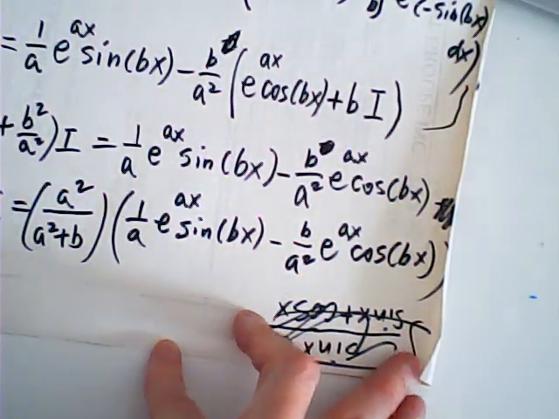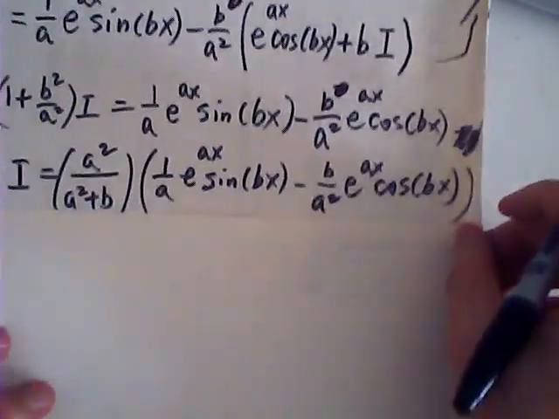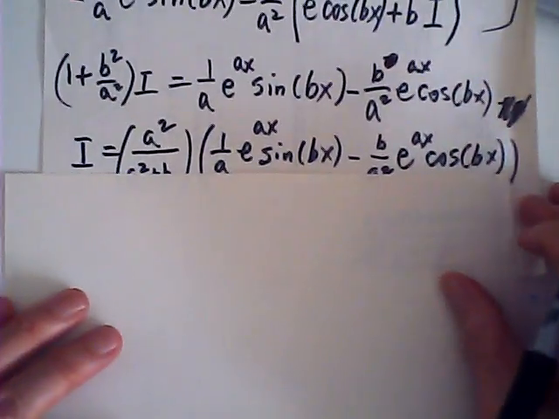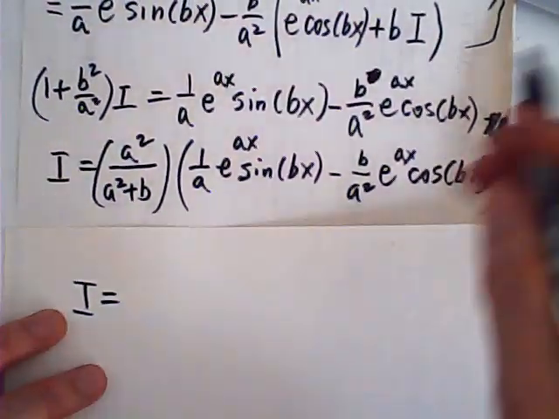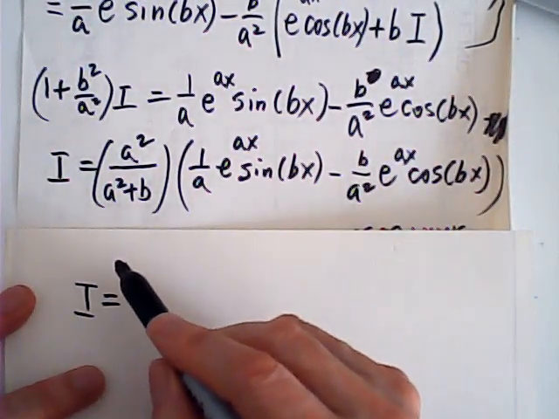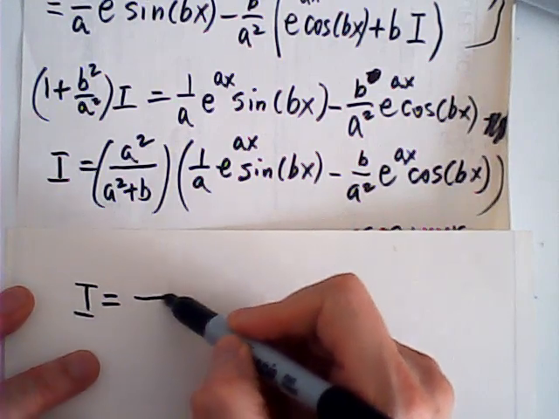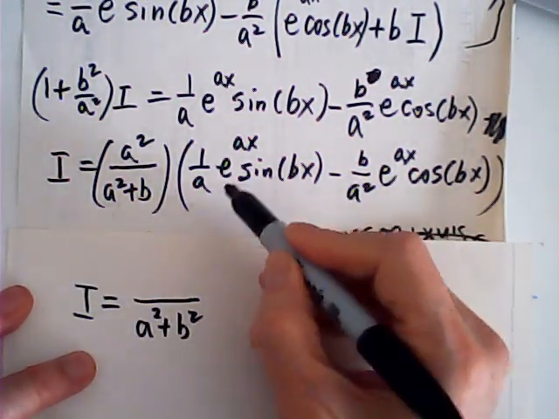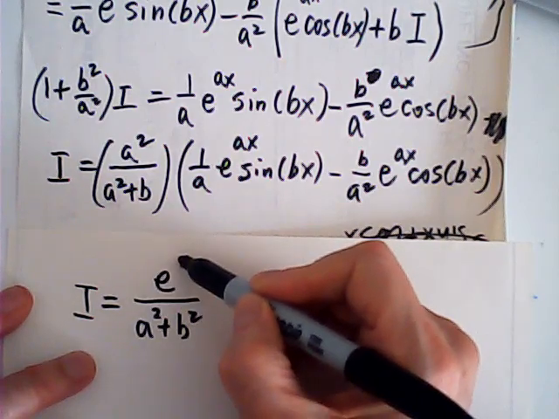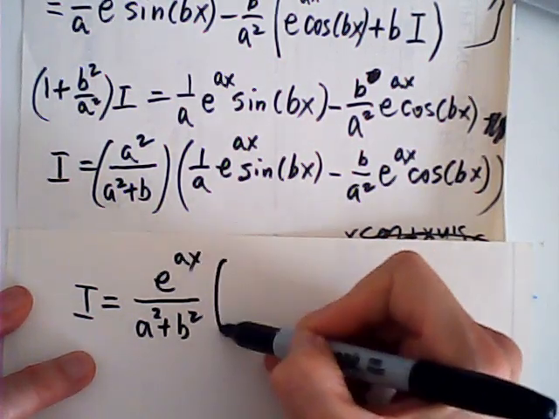Yeah. Then finally, my I is equal to a square plus b square. This is a common factor, e to the ax.